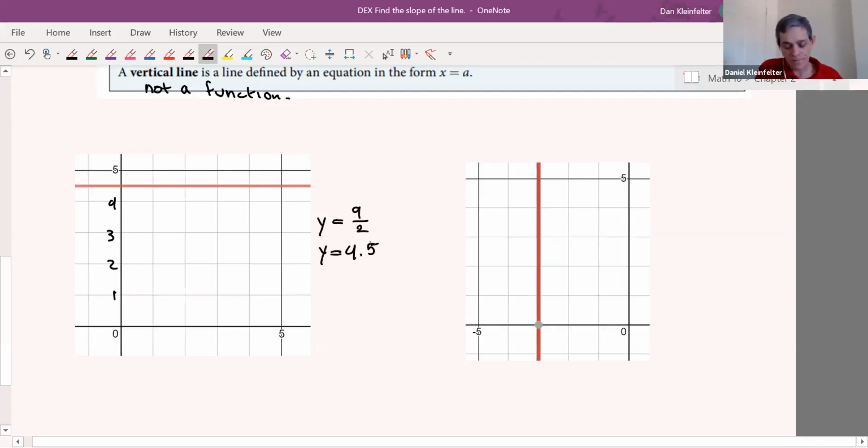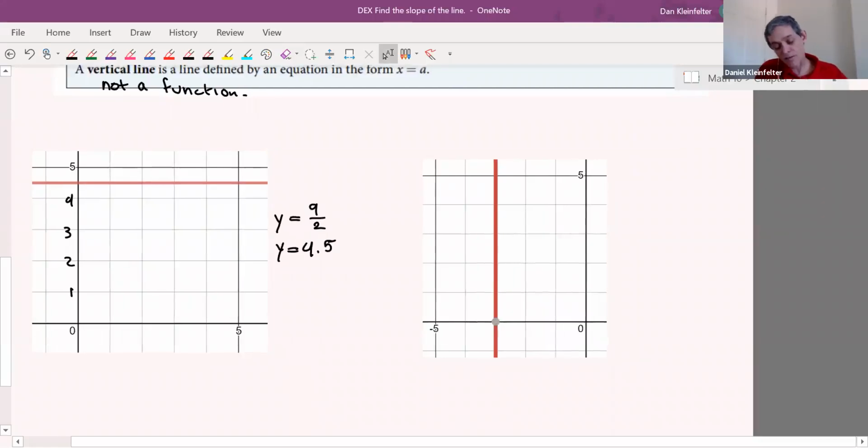Okay, horizontal line. For this one, it's a vertical line, so it will be x equals, and then again, each box looks like it's worth 1. So we'll have -1, -2, -3. So that will be our equation for our vertical line.